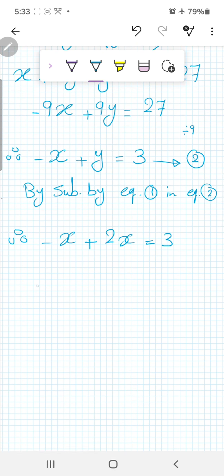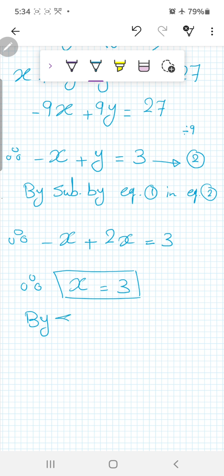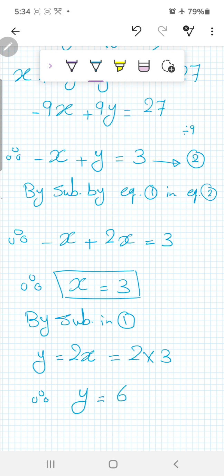It means negative 1 plus 2, positive x equals 3. So the value of x equals 3. Substitution in 1: y equals 2x. It means y equals 2 times 3. So we have the value of y equals 6.